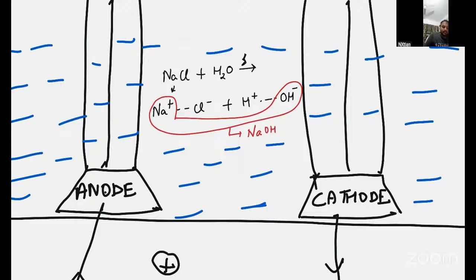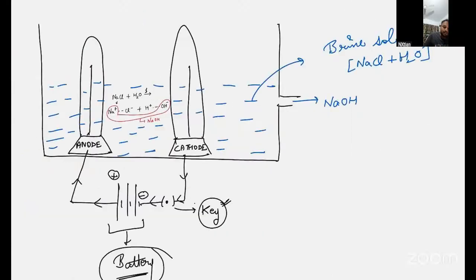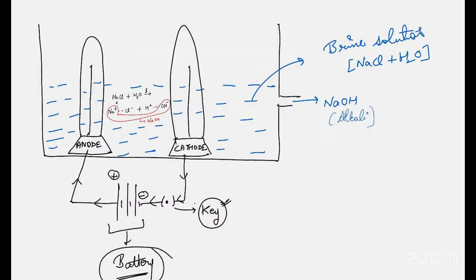So this NaOH compound will come out from this tube, and we got alkali. This is called alkali, NaOH. Did you understand? Amar, Kritika, Godwin, Ansh, Kunal, Sammy, till here any problem?